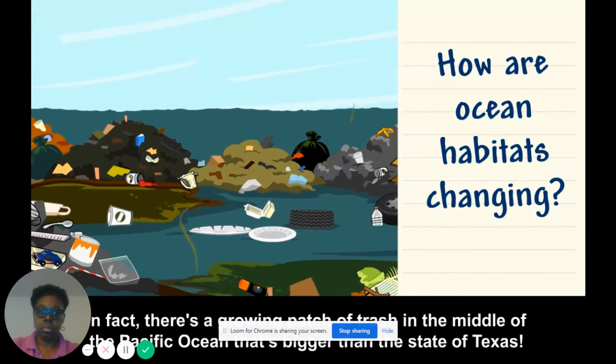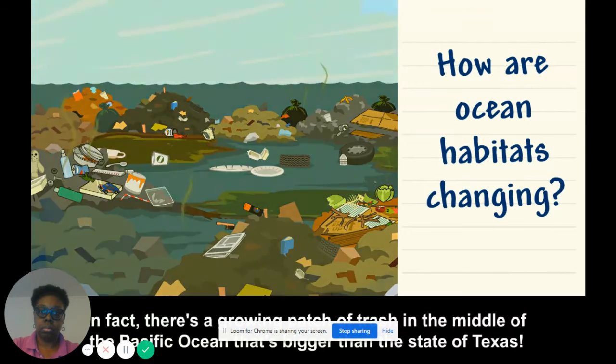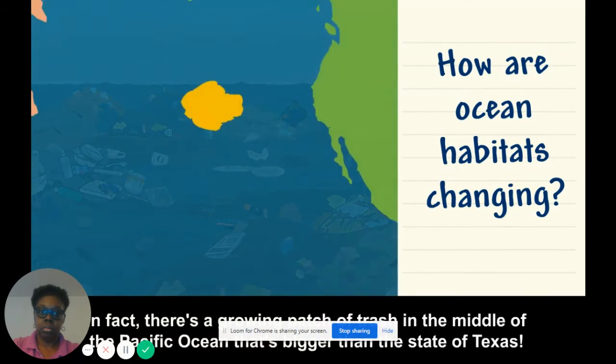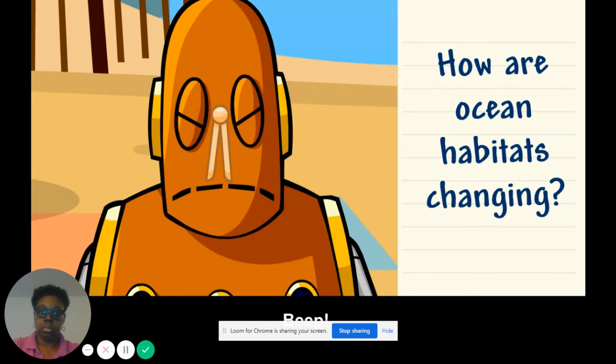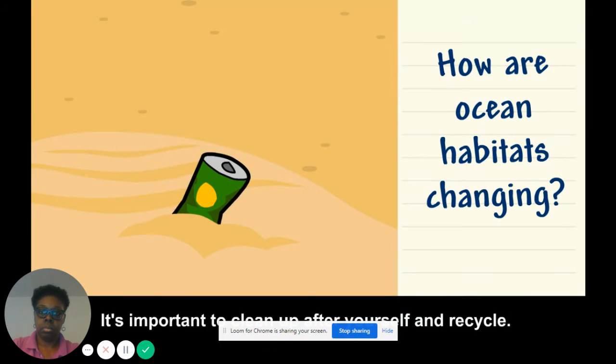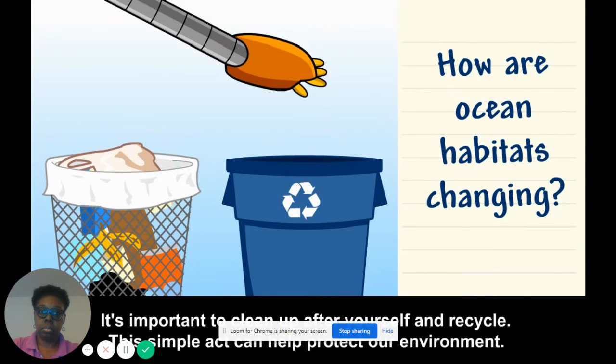In fact, there's a growing patch of trash in the middle of the Pacific Ocean that's bigger than the state of Texas. It's important to clean up after yourself and recycle. This simple act can help protect our environment.